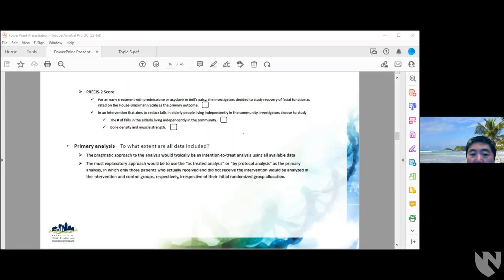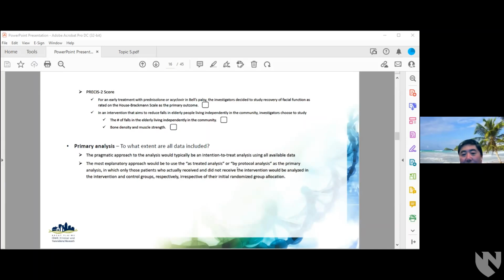Most ERCTs are going to use what's called by-protocol analysis. You're comparing people that truly received the treatment versus not. That's called by-protocol analysis, or as-treated analysis. So that's a different emphasis.